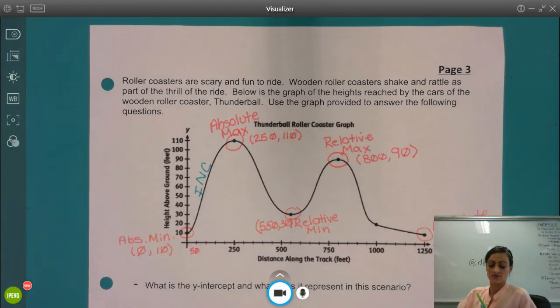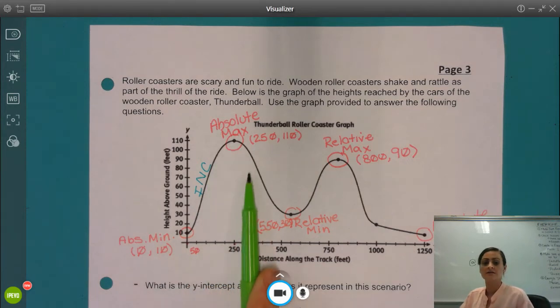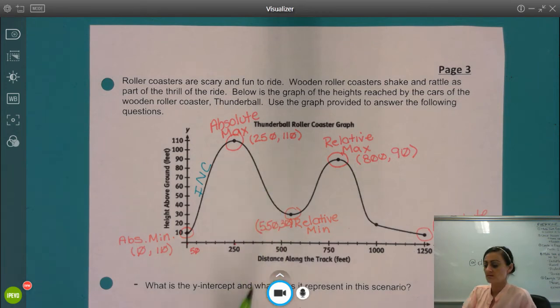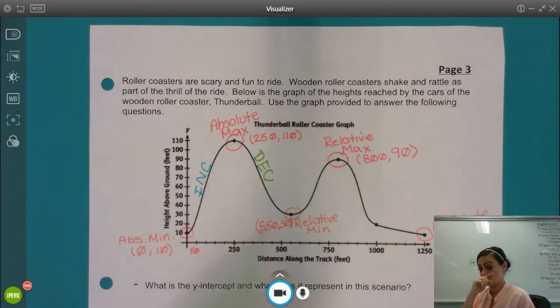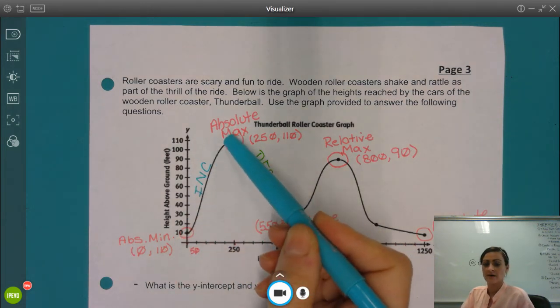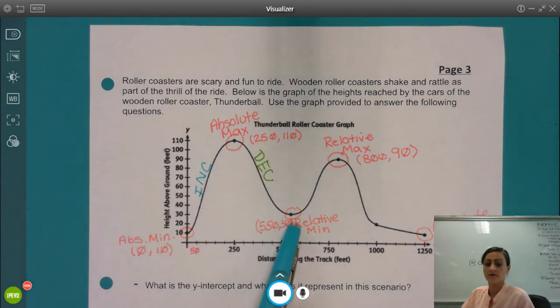Once I get to this absolute maximum and I'm at my highest point, now I actually start going down. So this is not called increasing, this is called decreasing. So I've gone up to my absolute maximum, I've come down to my relative minimum.